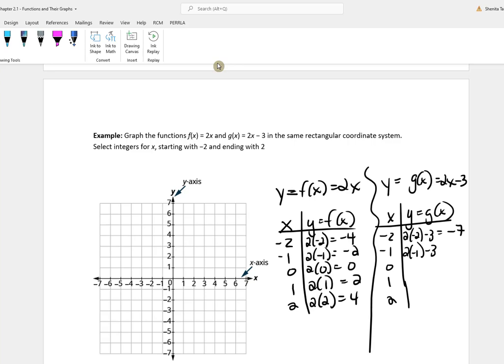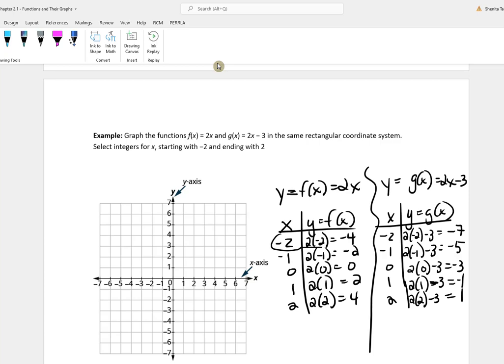When I plug in negative 1, I get negative 2 minus 3, which is negative 5. When I plug in 0, I get negative 3. When I plug in 1, 2 times 1 is 2, minus 3 is negative 1. And when I plug in 2, you get 4 minus 3, which is 1.